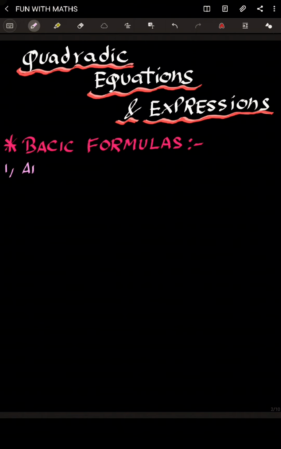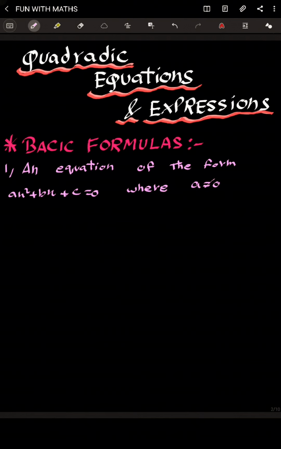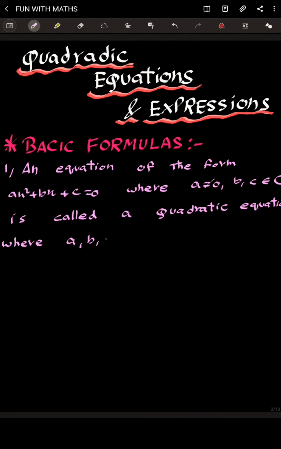First one, an equation of the form ax square plus bx plus c equal to 0, where a is not equal to 0, and b, c belong to C, is called a quadratic equation, where a, b, c are coefficients.